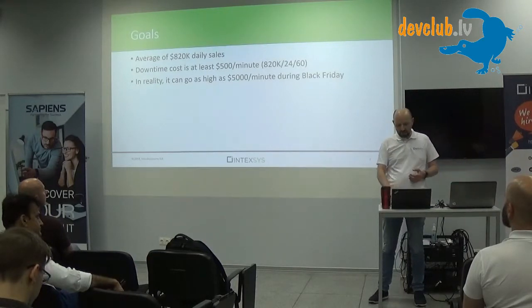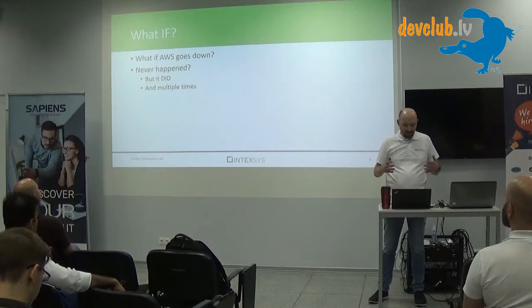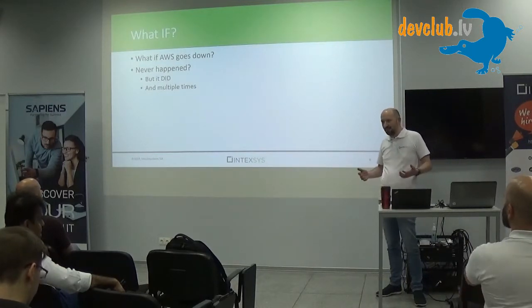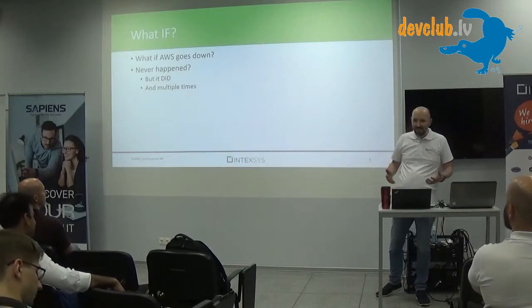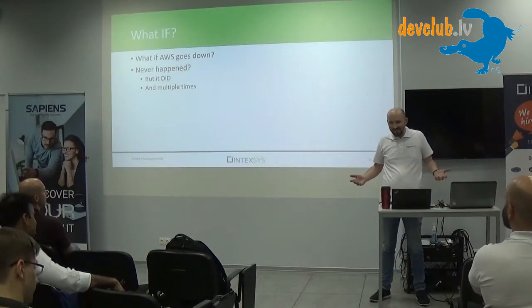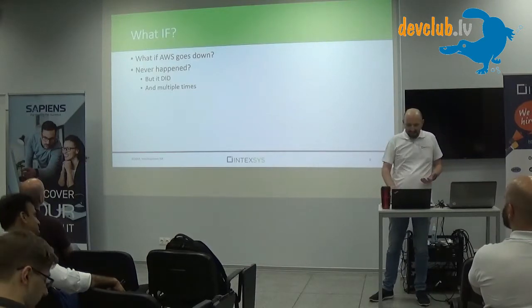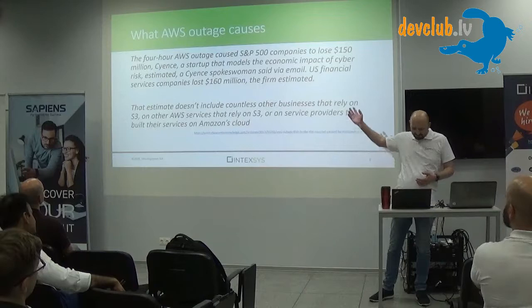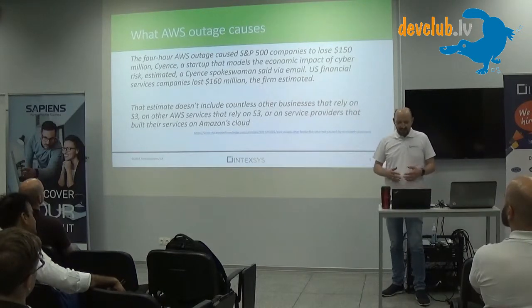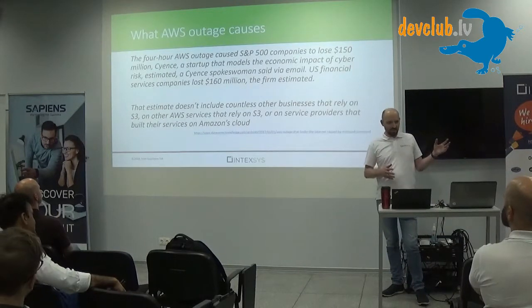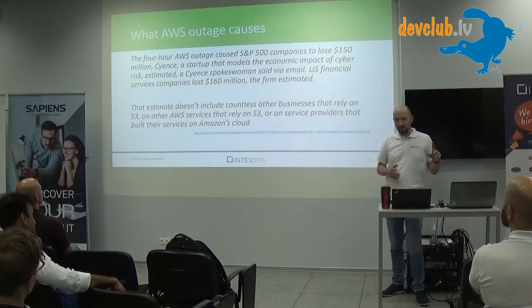Keeping these figures in mind, let's talk about what happens if AWS goes down. You can say that it will never happen, but in reality it did. It happened, and many times. This is a quote from a news website about what caused an AWS outage for a few hours, which happened last year, maybe a year before.